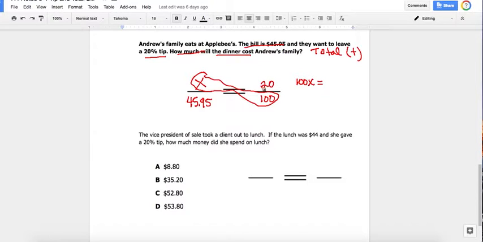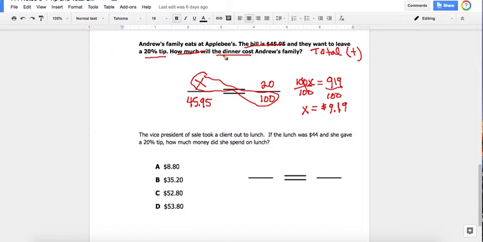And $45.95 times 20, of course, is 919. Now I'm dividing both sides by 100. And 919 divided by 100 is $9.19.